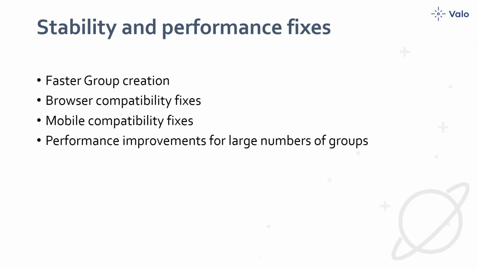But basically things that we did is that we massively improved the group creation. Previously the group creation could take multiple hours in worst cases due to an issue in the way that Microsoft was handling the Graph API calls. That has been massively improved now.